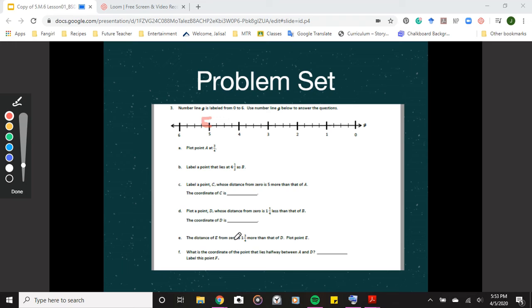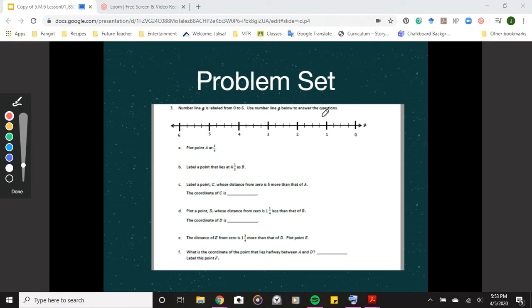All right, and last but not least, F. What is the coordinate of the point that lies halfway between A and D? Ooh, that one's a little bit difficult. What is the coordinate of the point that lies halfway between A and D?